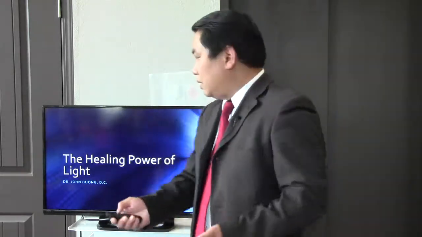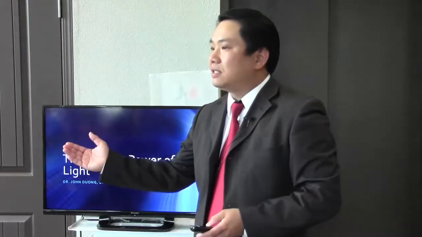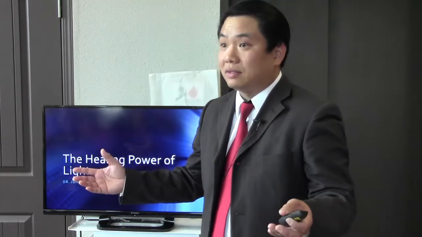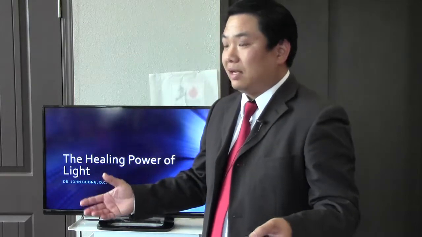So what's the resource of the light? Everyone knows this: light hits our skin and makes vitamin D. But it goes beyond vitamin D. Does light heal? Does light kill germs? Yes, ultraviolet light kills germs.